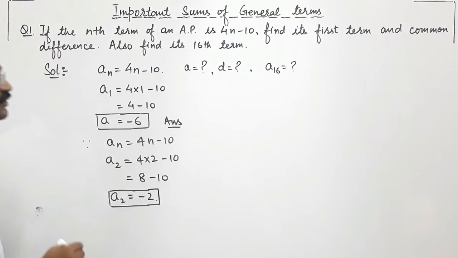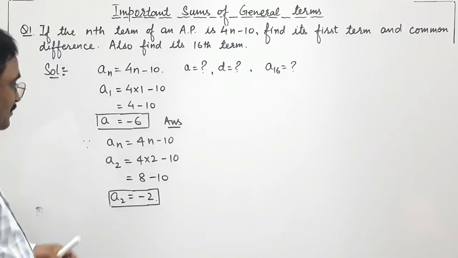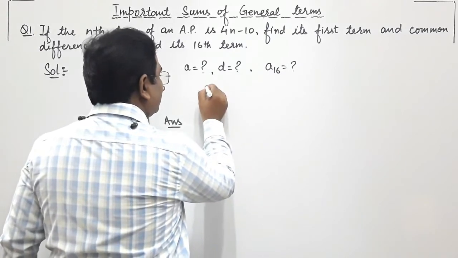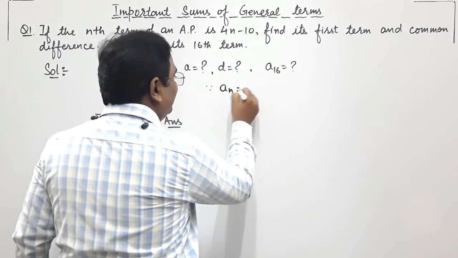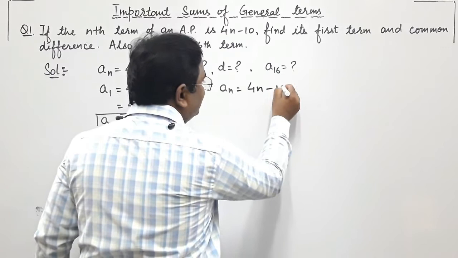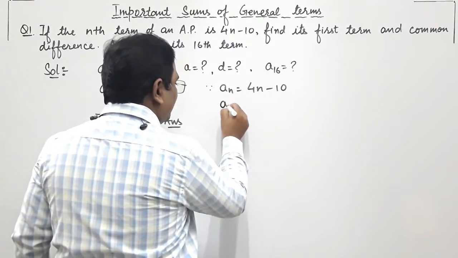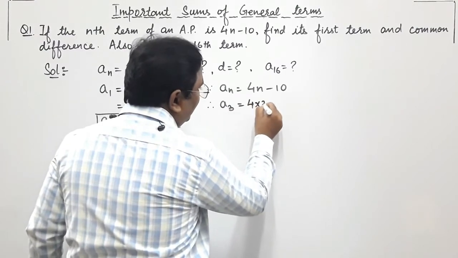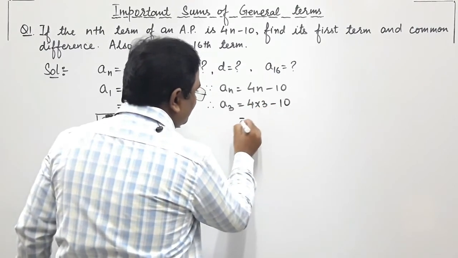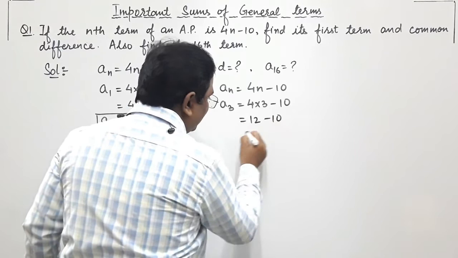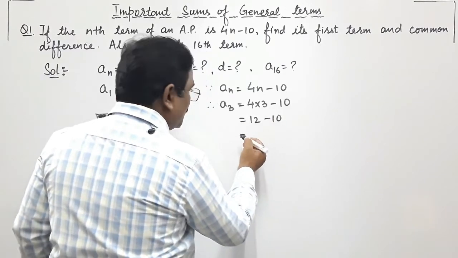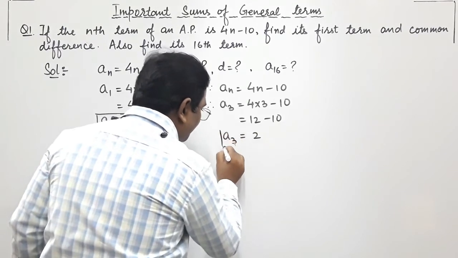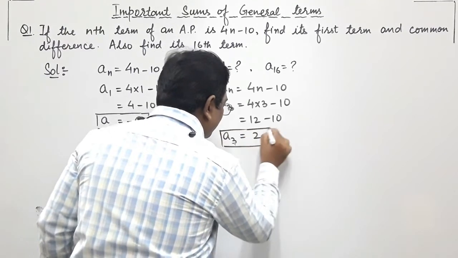Right? Let us find out the third term of this also. Means a3 we have to find. Okay? As an is given 4n minus 10, therefore a3 is equals to 4 multiplied by 3 minus 10. So 4 3s are 12 minus 10, that is equals to 2. This is the third term of this series.